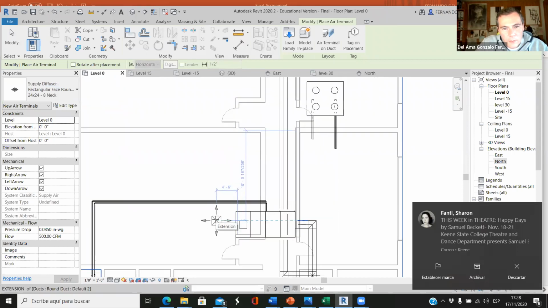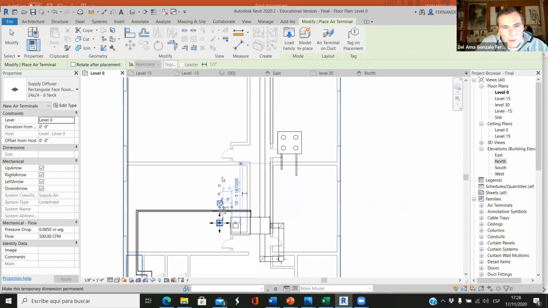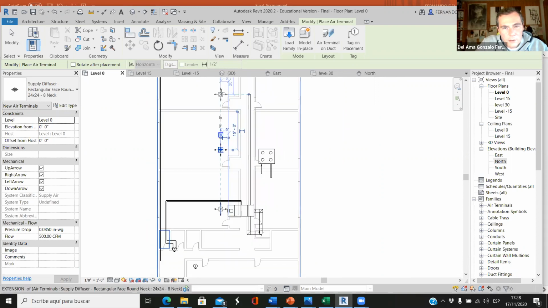So the first one can be here. Second one can be here. And the third one can be here.